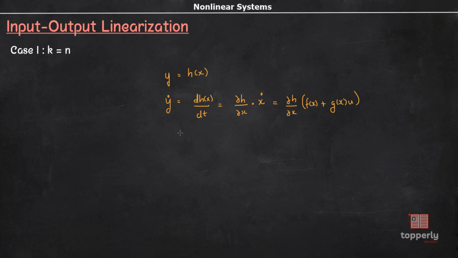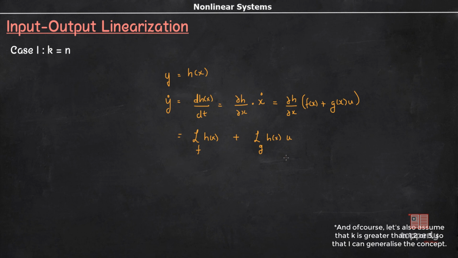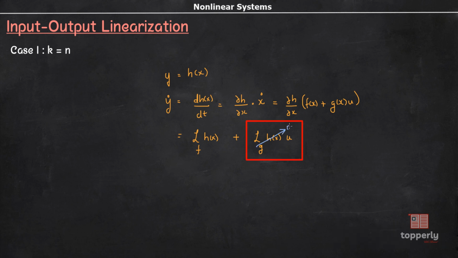This gives us Lie derivative of h of x with respect to f plus Lie derivative of h of x with respect to g into u. Now listen carefully. We have assumed that the relative degree of the system is k. This means that the input should appear explicitly only in the equation corresponding to the kth derivative. Therefore, this term has to be 0 so that y dot is independent of u.